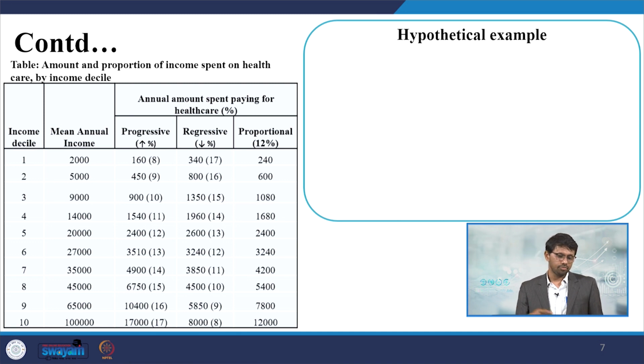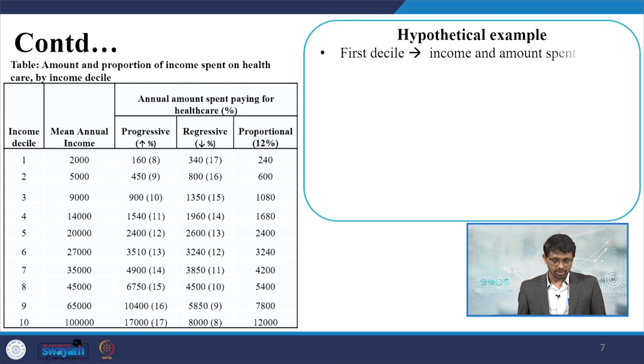That is why we have classified the entire data into 10 groups, also called 10 deciles, and the mean income is presented here for your reference. The mean income is different in the different income decile groups.